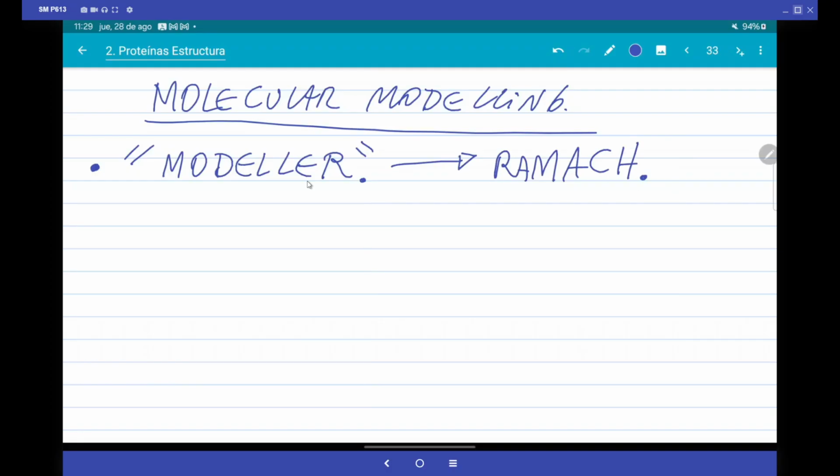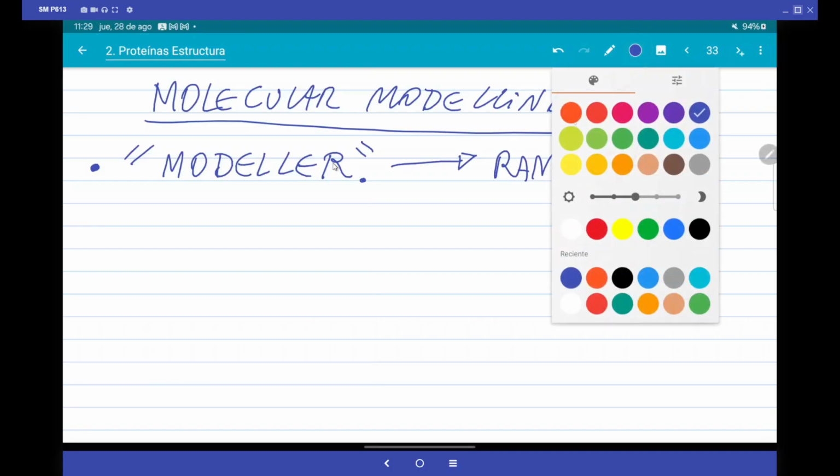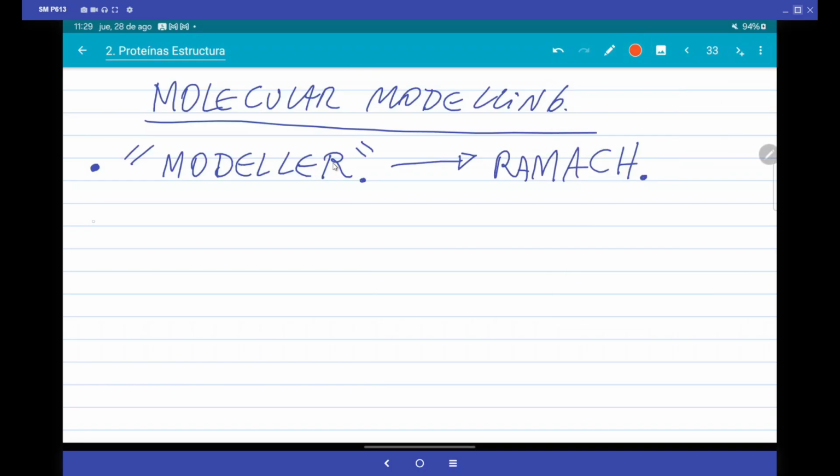Then, when many amino acids come out of the allowed areas, it means that the protein has not been well modeled. But there are some exceptions to those allowed areas. Some amino acids tend to come out of the allowed areas.